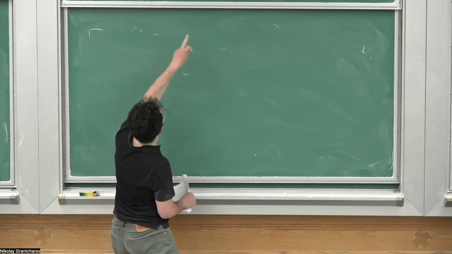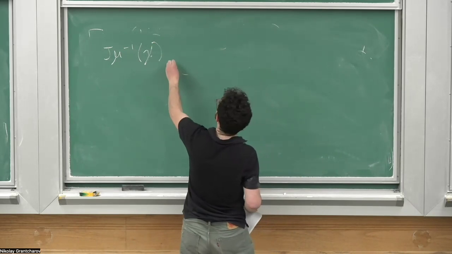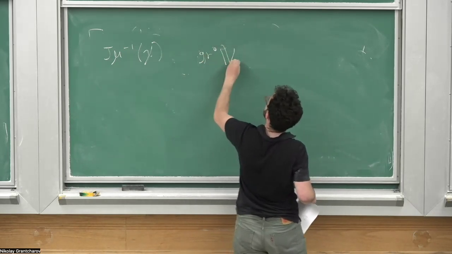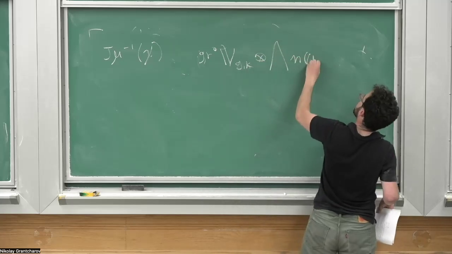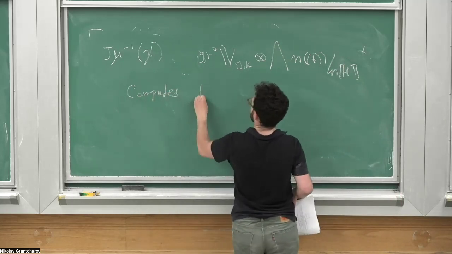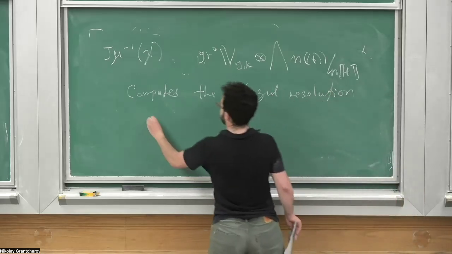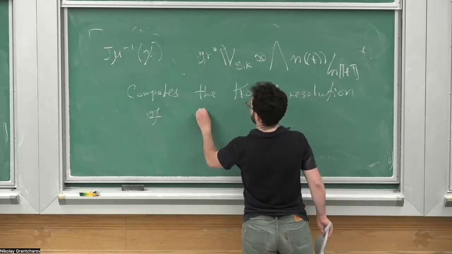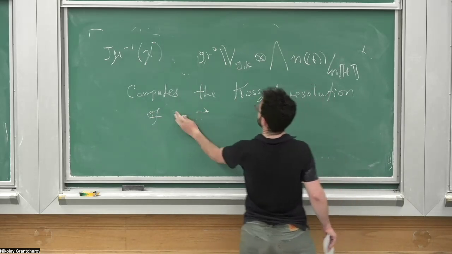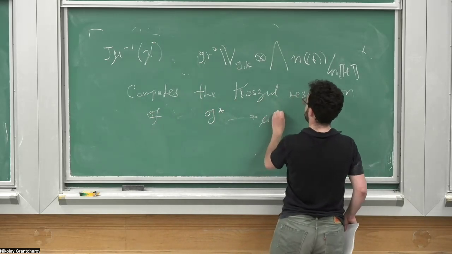We are looking at the inverse image of chi, and this complex in the homological part is Koszul.